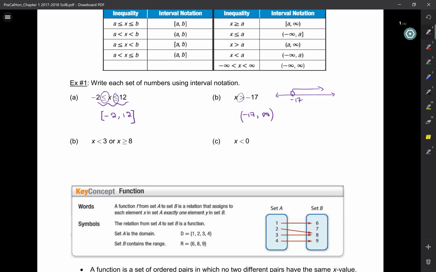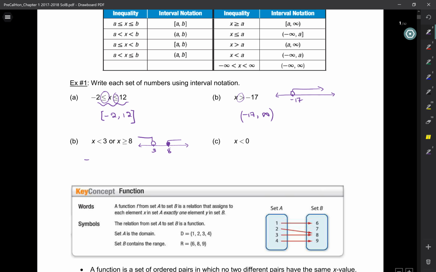All right, here, now, okay, so it's x is less than 3 or greater than or equal to 8. You can draw the number line. You don't have to draw the number line. I'm just showing it to you as a visual. So basically, the left-hand side, it's all the numbers starting at -infinity and going up to 3.